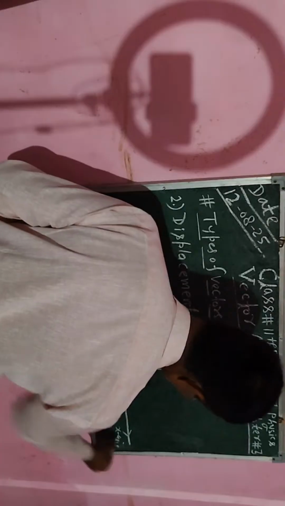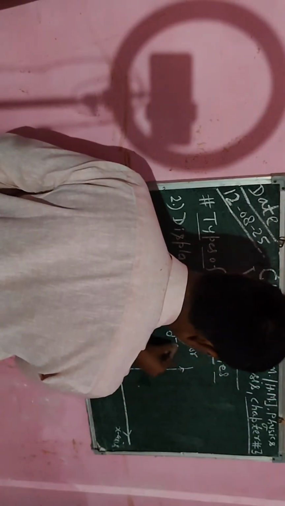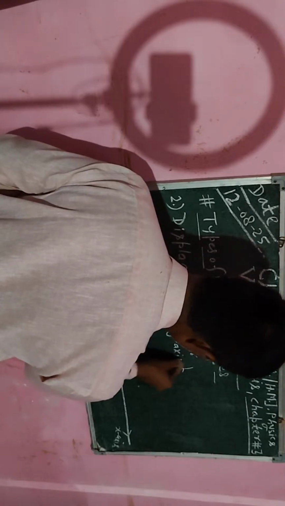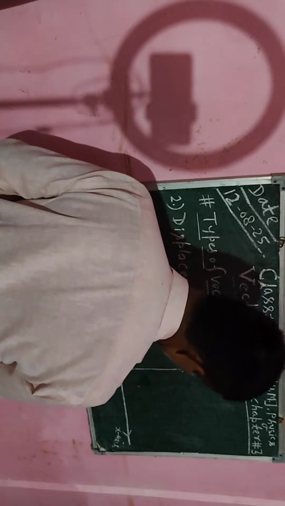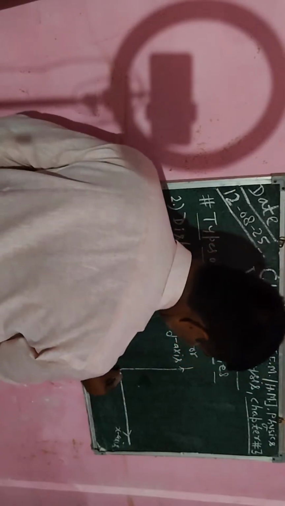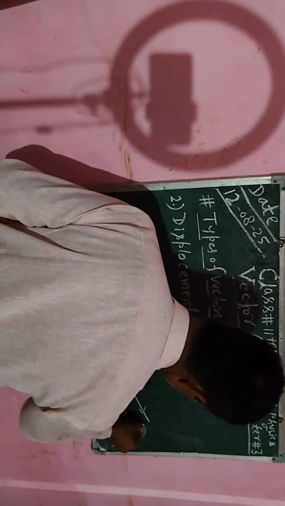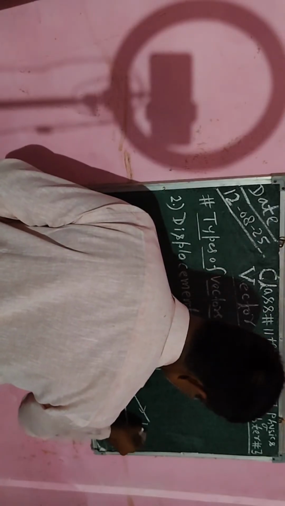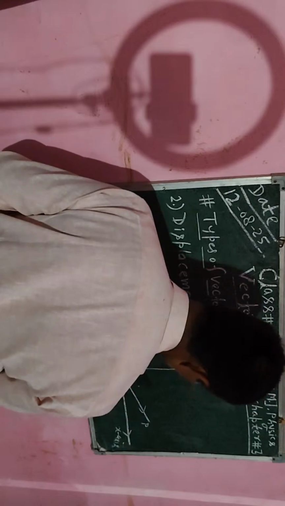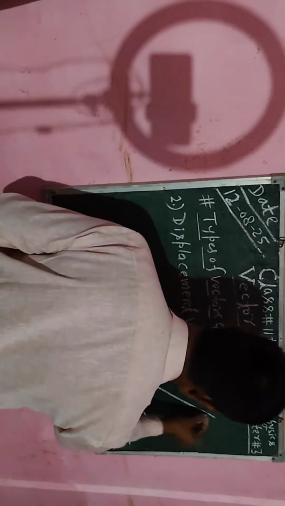Now along this line I will say that is the y-axis. Now the intersection point I will call O. Now I will draw one vector, and I will say this is the vector P. Now I will also draw one more vector like this.